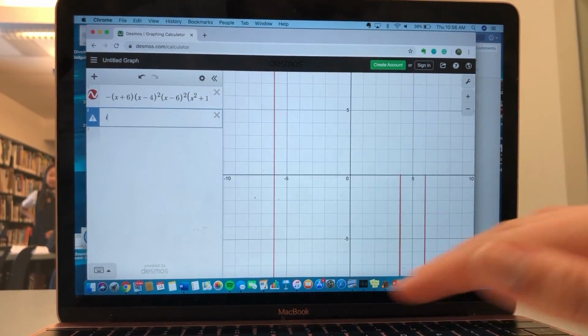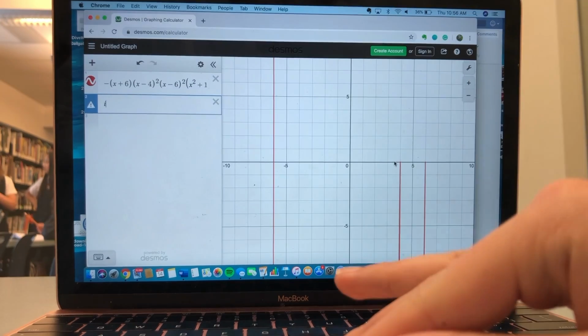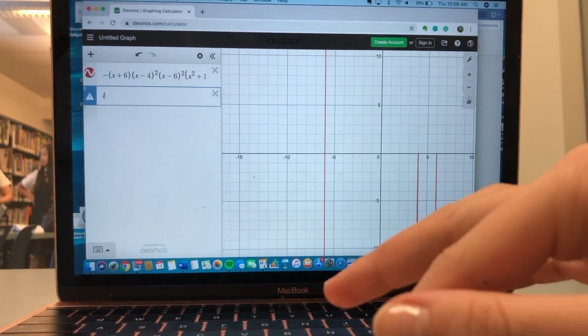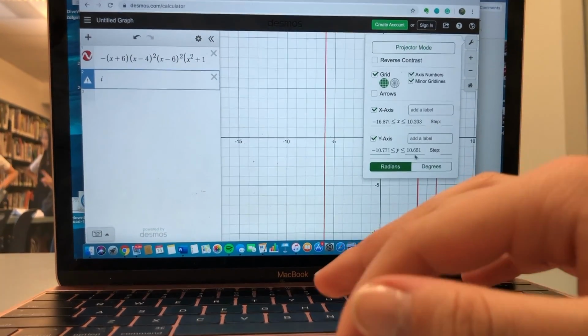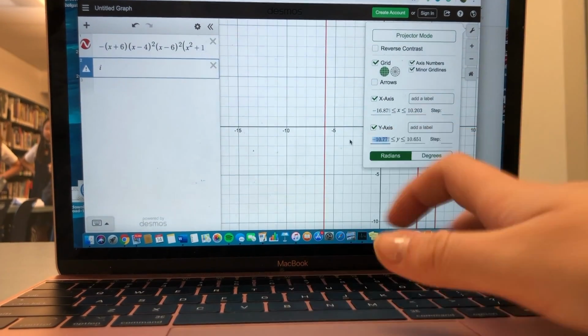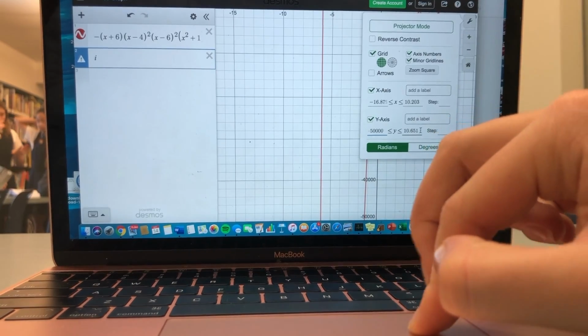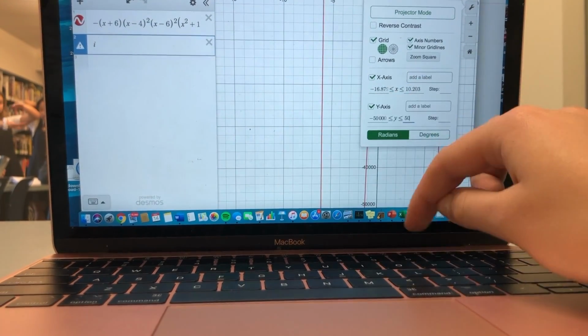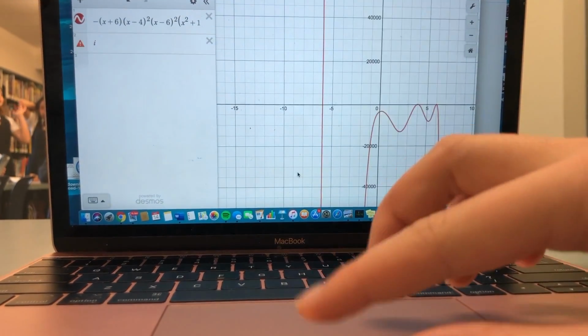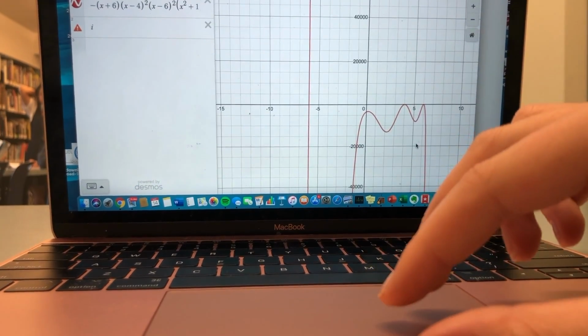So here we can see our equation. It is very difficult to see without making the scale larger. So we're going to do that. We're going to make the y-axis negative 50,000 and positive 50,000. So that helps us see it a little bit better.